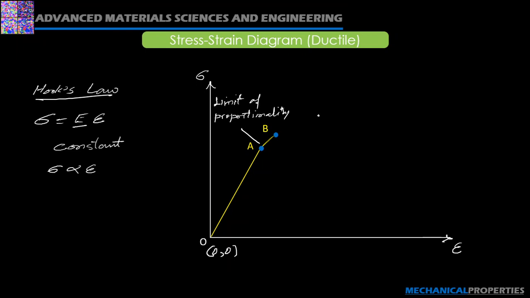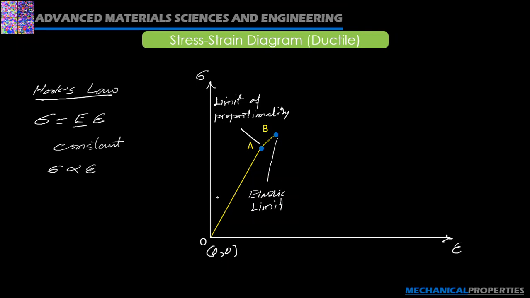This point B is labeled as the elastic limit. Till point B, once the load is removed, the material will restore its original shape and size.